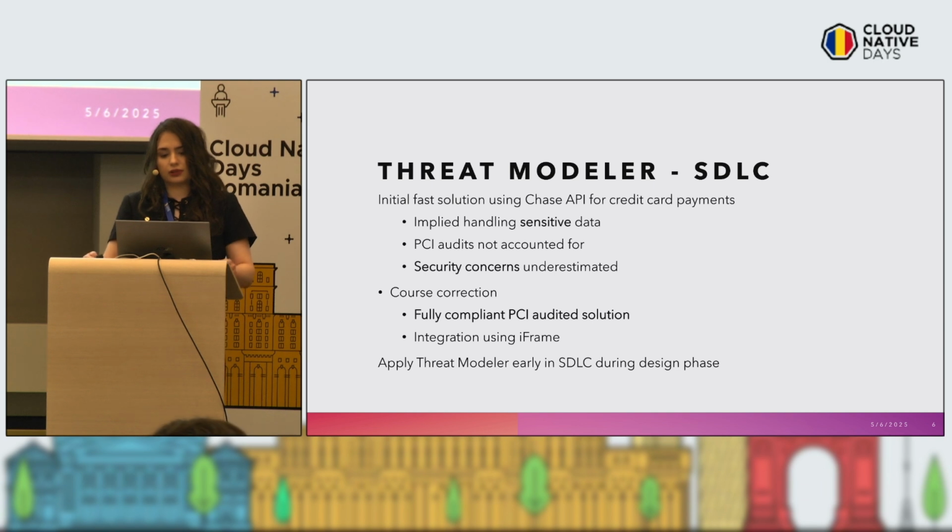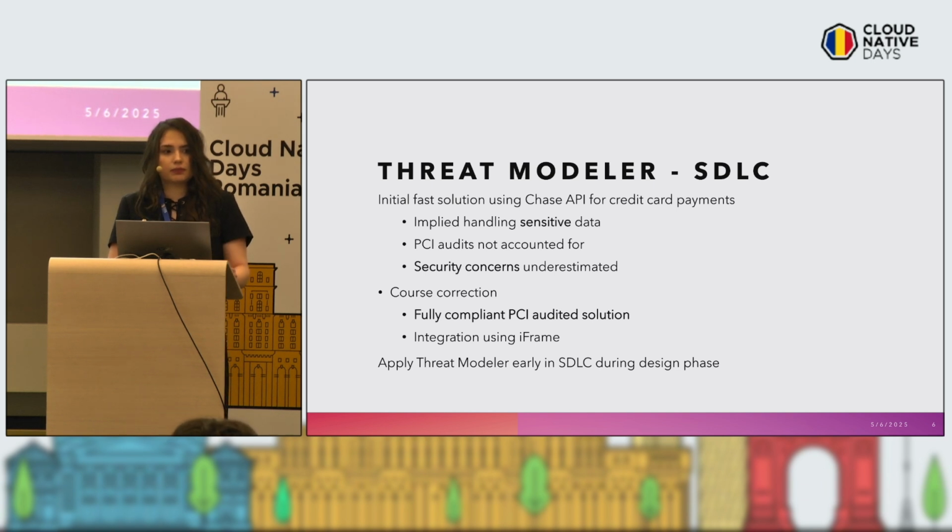A data flow diagram explaining how the credit card data is stored and handled through the system would have shown this risk. At the time, this seemed like the fastest solution, but we didn't fully account for a fully compliant PCI audited solution. Then I led the reevaluation of the architecture, and one of the options was to integrate an iframe.